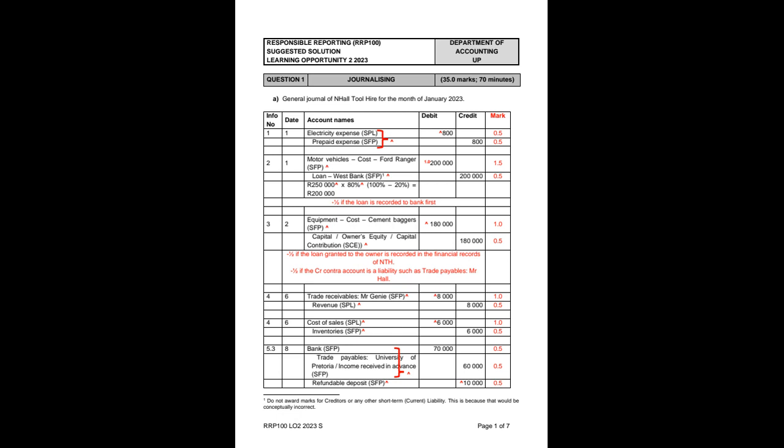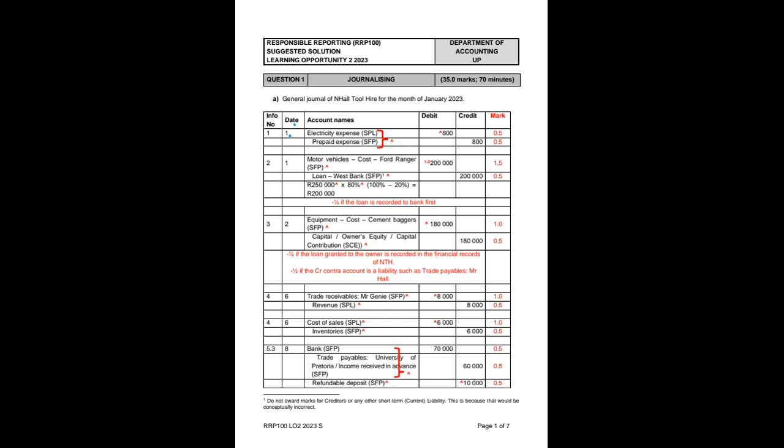So under date, the 1st of January, we process a journal entry that decreases the asset and increases the expense. So what we're saying is we had this prepayment in the prior month, but now we are sure that we are going to be using up this electricity during the current month.